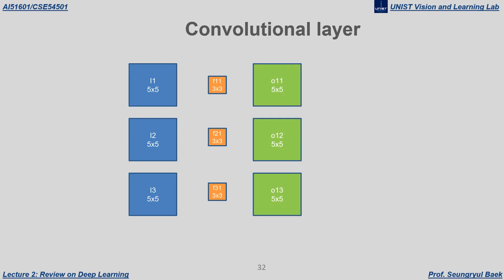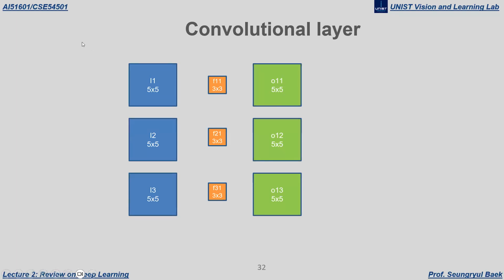Let's say this I1, I2, I3, the blue boxes, are input images, the 5 by 5 input images, and the green boxes are intermediate outputs. And the orange boxes, F11 and so on, denote the filter kernels.